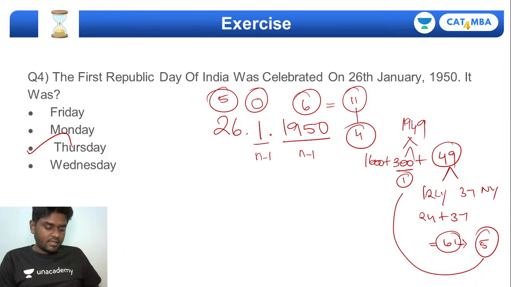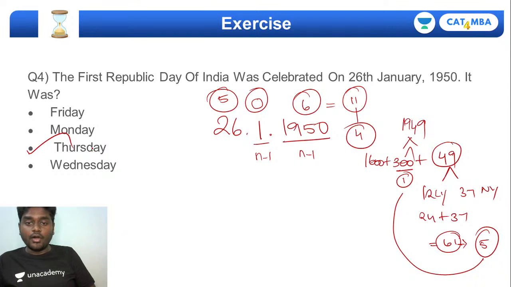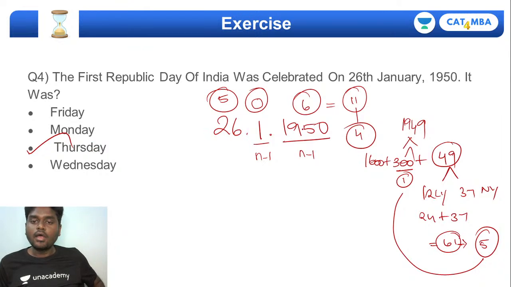Is that clear, everybody? I hope you guys have got a bird's eye view about how to kickstart with calendars and how to practice in depth. Yeah, Aryan, I could understand. That's the main intention. I always keep on repeating these things, because normally if you start with calendars, what people do is simply take 1950 into account.